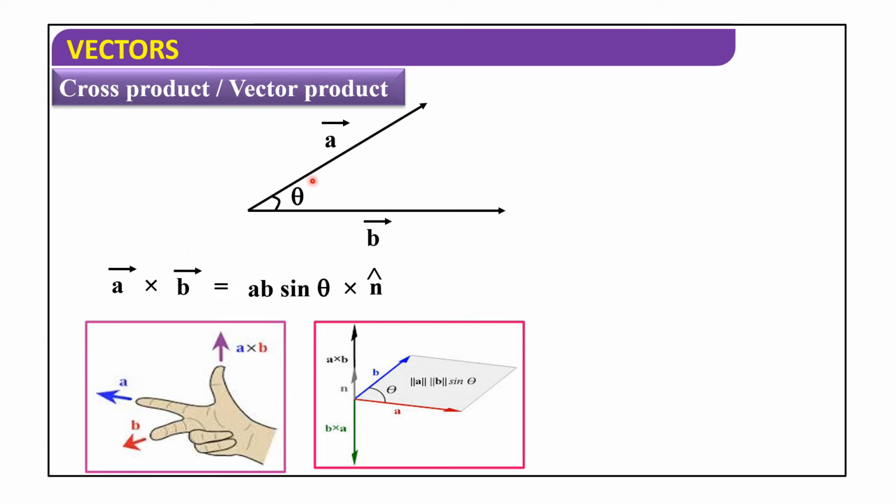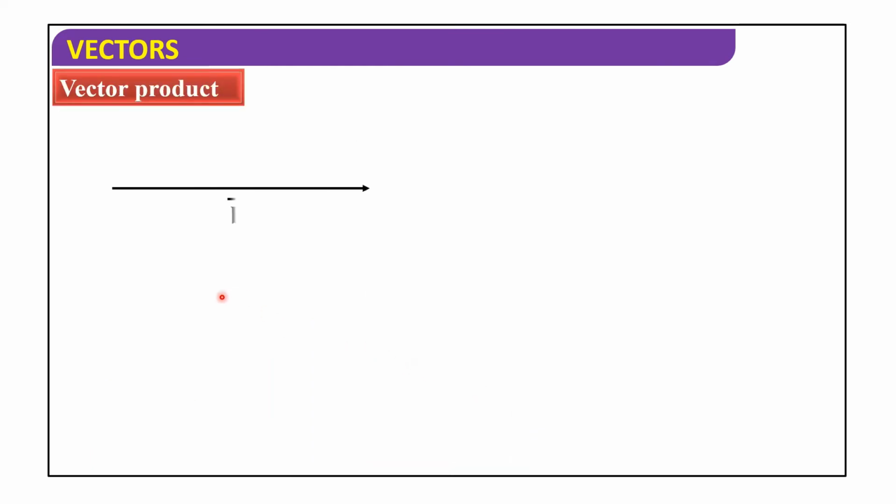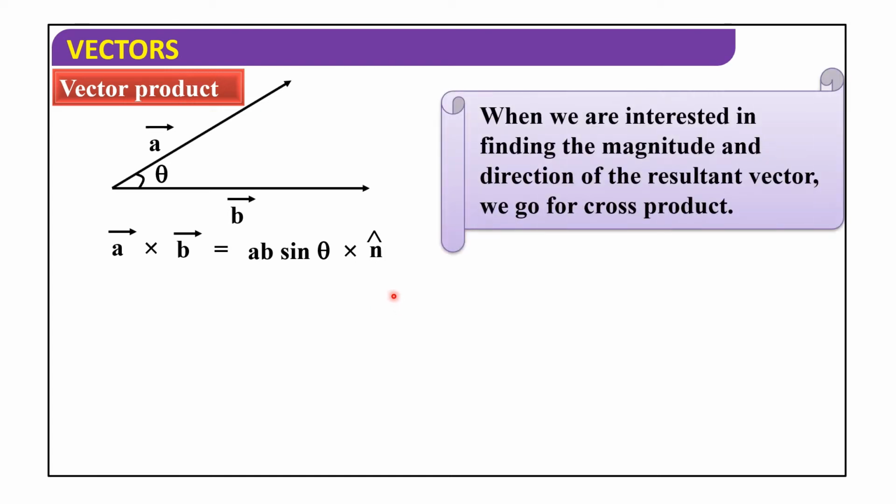A cross B or B cross A. Here A bar and B bar are the two vectors making an angle theta, and the magnitude is modulus of A bar, modulus of B bar, sin theta. So its vector product is A bar cross B bar equal to AB sin theta into n cap.